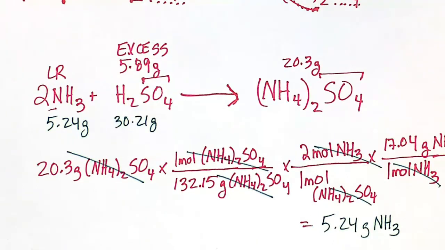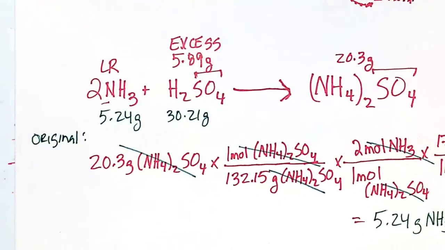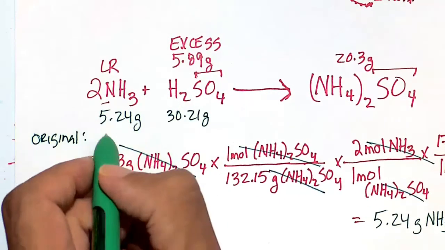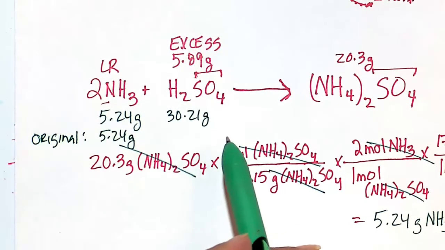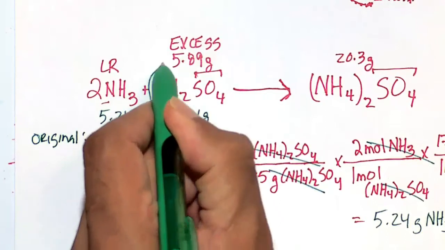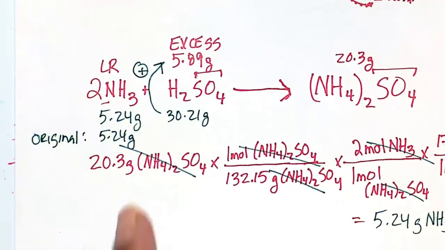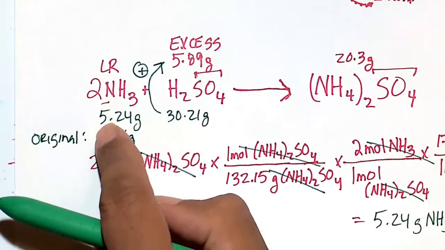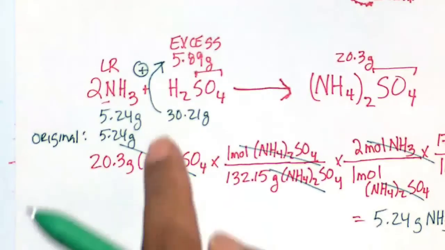So what is the original amount? So the original amount is 5.24 grams of this reactant because it gets all used up. Originally, what you have is 30.21 plus the 5.89. So you gotta remember this. This reacted with all of this, but the problem tells you that 5.89 is left over.